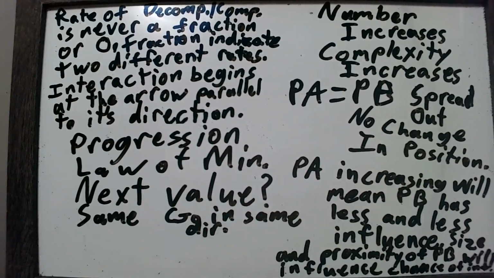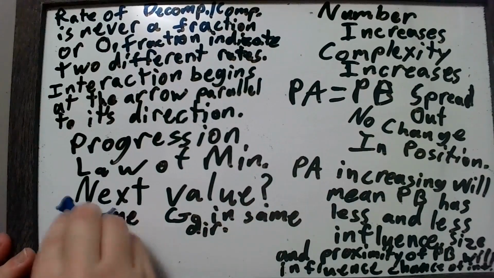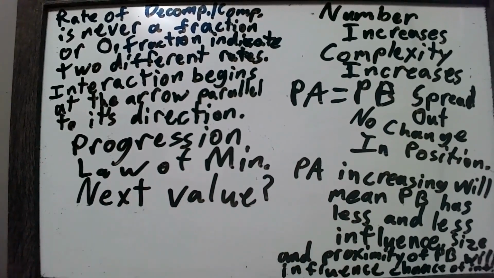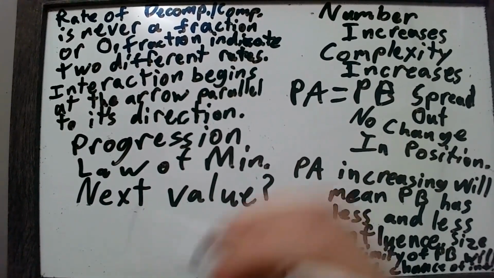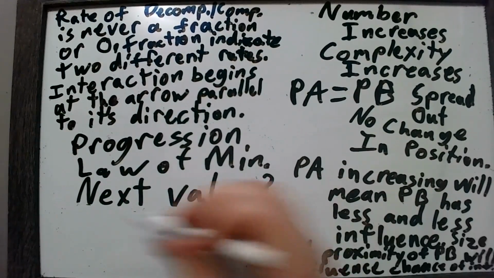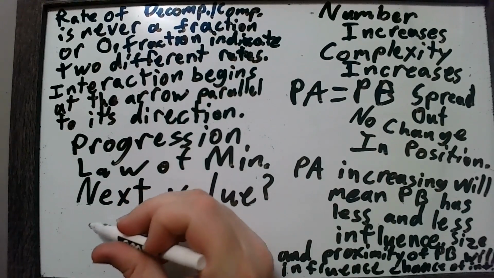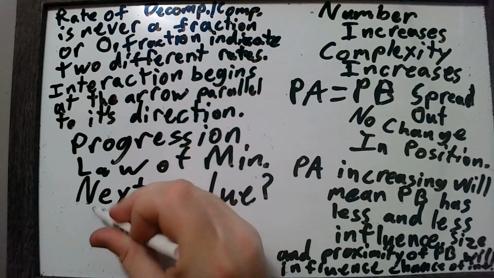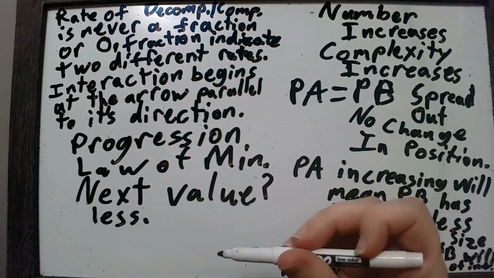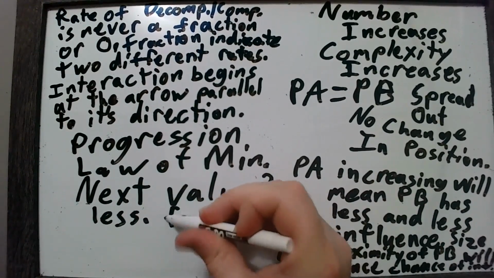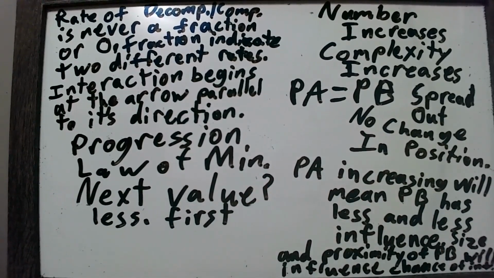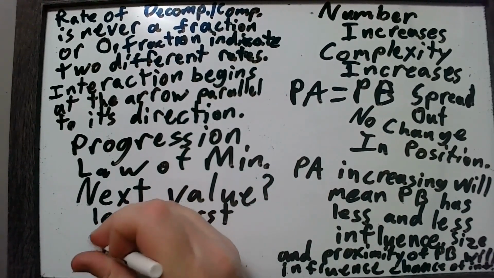But what happens if the value for one of the adjacent next values in the line of progression is different, or let's say it's less than, then that means that that lesser value is going to be first. Okay?